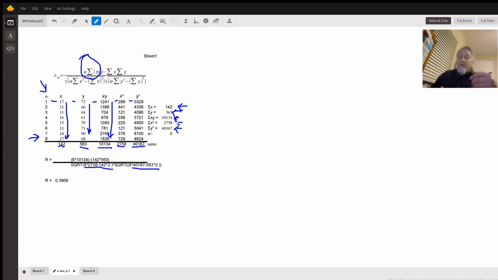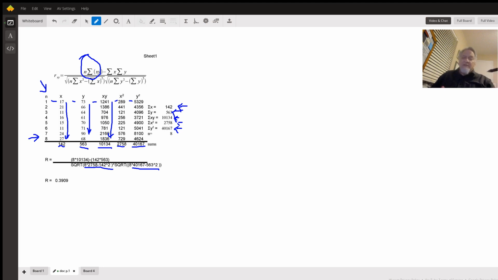Be careful. If you go online or look in your textbook, they might have a slightly different formula. That doesn't mean there are different formulas with different meanings. Mathematically, they're all the same. They've just been reorganized to make the calculations by hand easier. I picked the one that's good for calculation by hand.